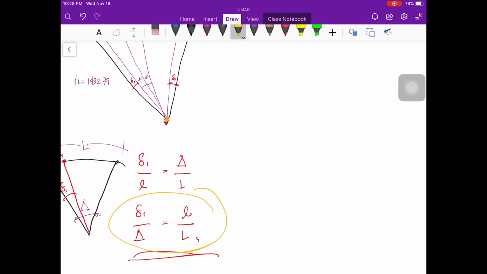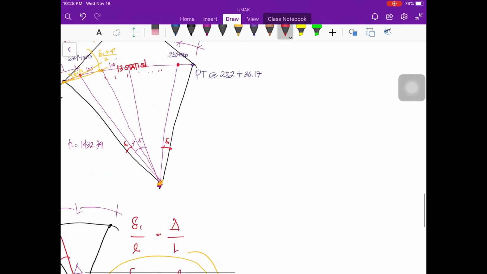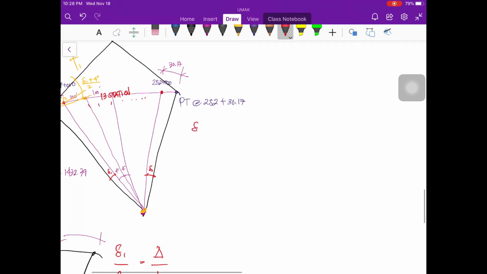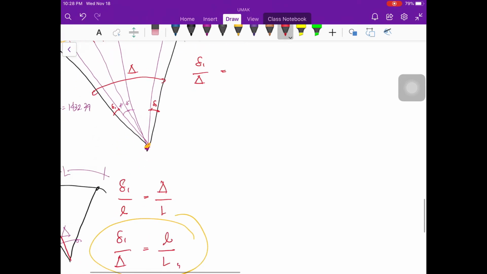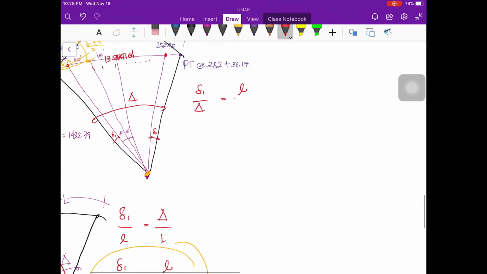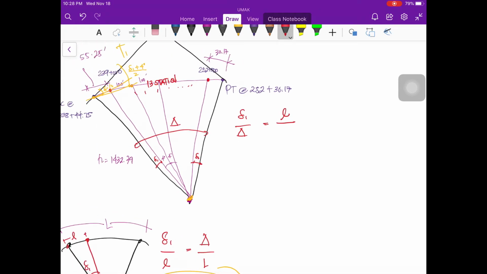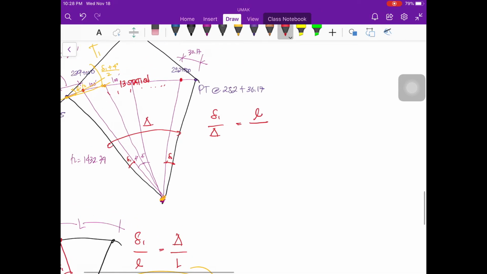Okay, using this relationship, if you substitute it here, gamma 1 over delta. What is delta? Delta is the total, right? It is equal to small l, which is the length of the small chord here, the length of the small curve, over the length of the total curve.